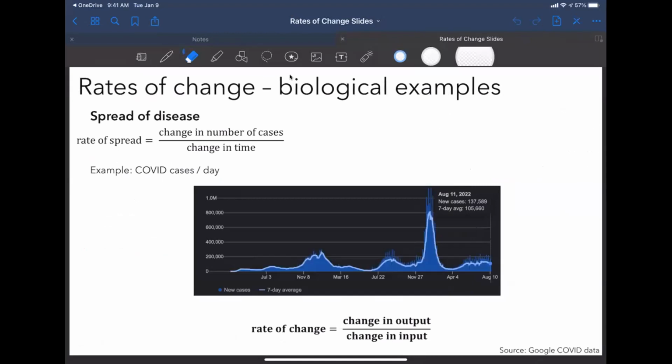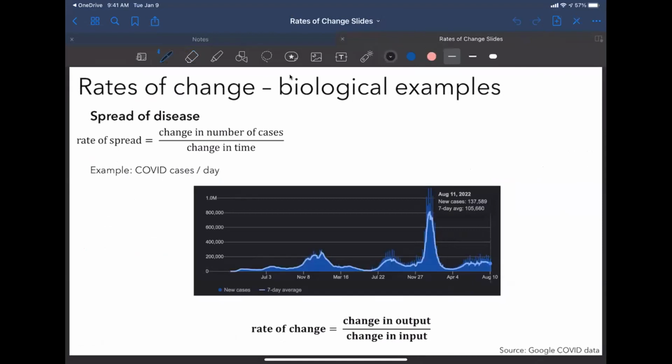And we should also, in this biology class, talk about some biological examples of rates of change. The first one, and one that you are probably very familiar with, is the spread of a disease. We're going to talk about COVID, because what else would we talk about?